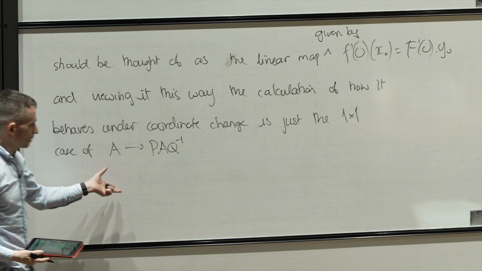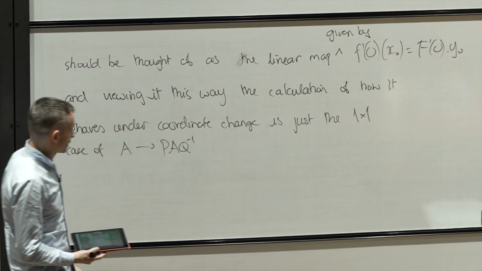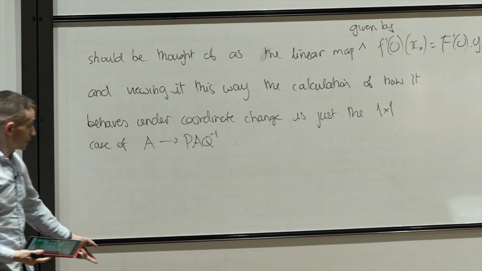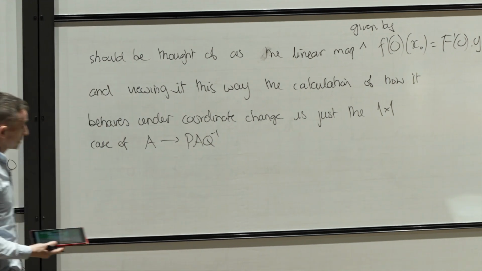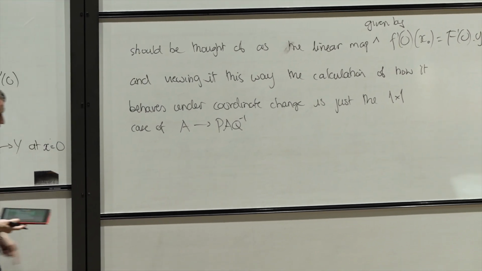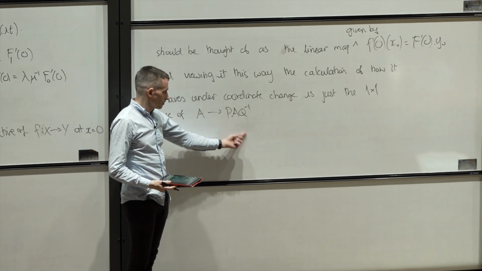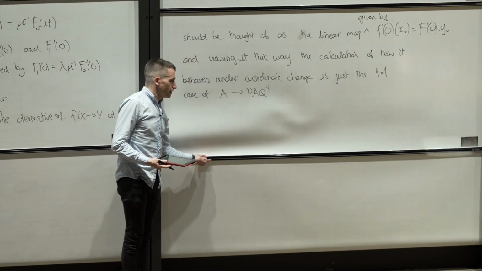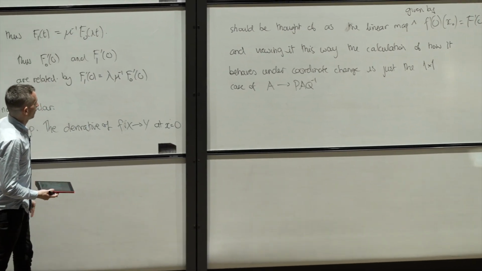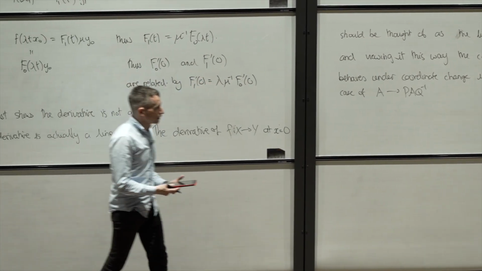If you have a linear map from a vector space X to a vector space Y, you write down its matrix with respect to some basis in X and some basis in Y. Then when you change the basis, the matrix gets altered by the change of basis matrices on the source and the target. And that's just exactly what we saw in the 1-by-1 case.